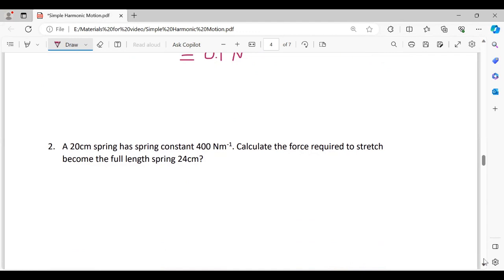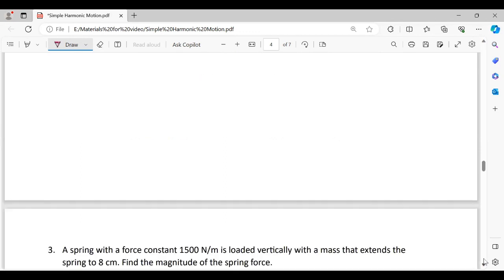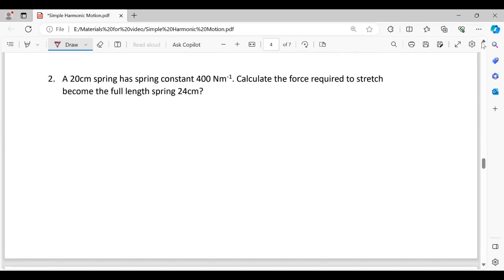Number two, a 20 centimeter spring has spring constant 400 Newton per meter. Calculate the force required to stretch the spring to a full length of 24 centimeters. Okay.